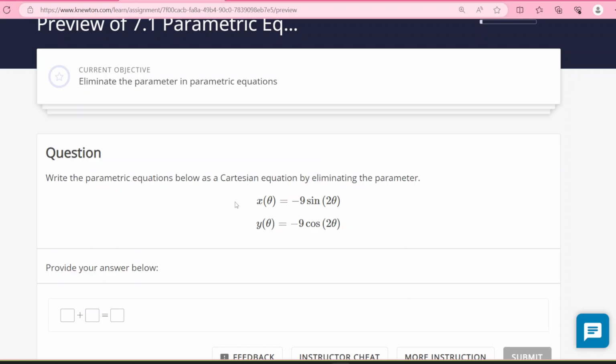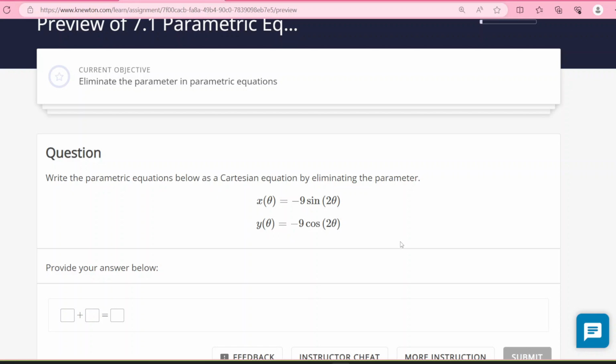Write it as an equation with just x and y in it and no parameter. Now this time the parameter is not called t, it's called theta. As long as x and y depend on some third variable, they're called parametric equations, and those other variables are called parameters. I could replace theta with t here, and it would still mean the same thing.